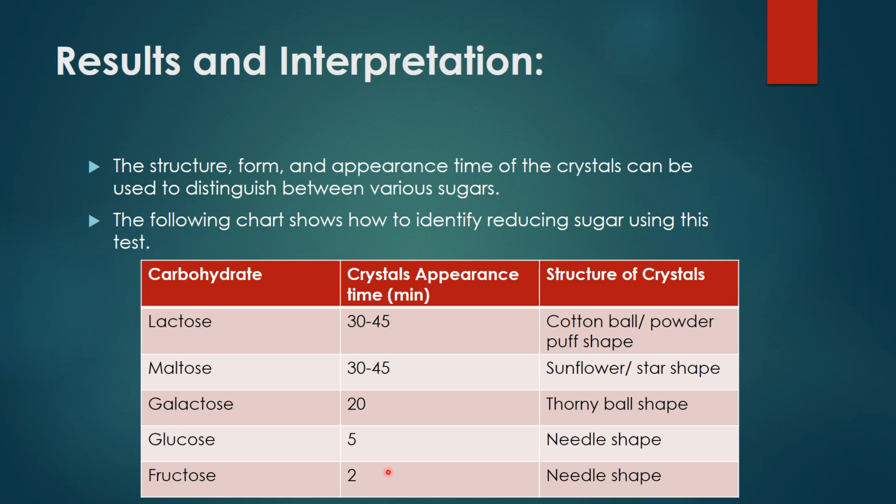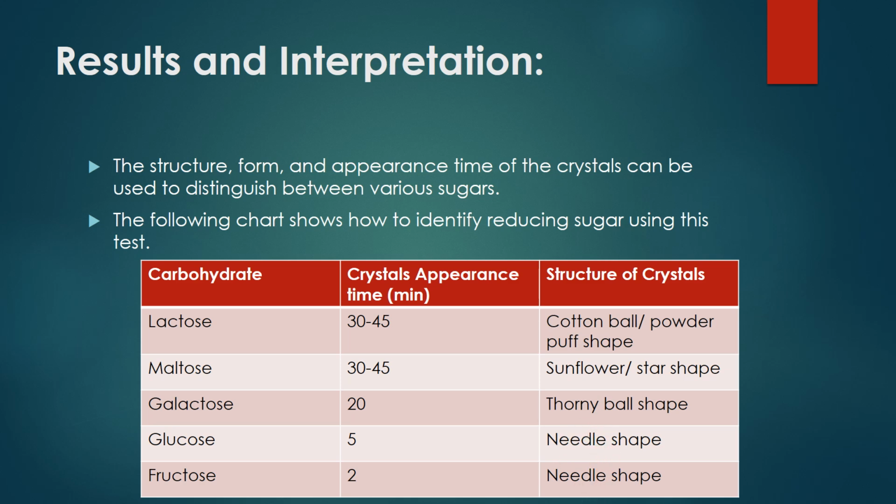And the fructose crystals appear at 2 minutes, and the shape of crystals is like a needle shape also, as I said to you, because they have the same structures below carbon number 2, so they give the same osazones, needle shape.